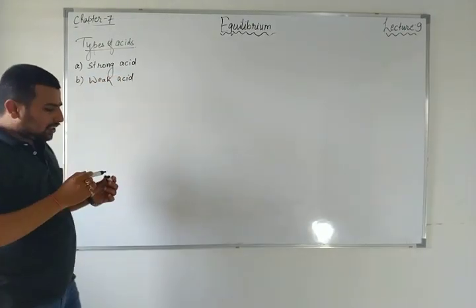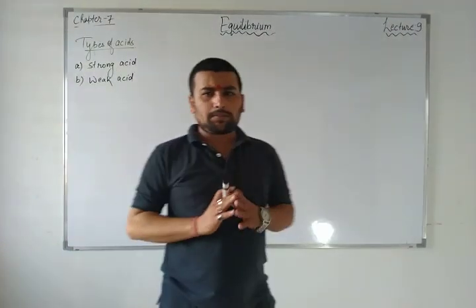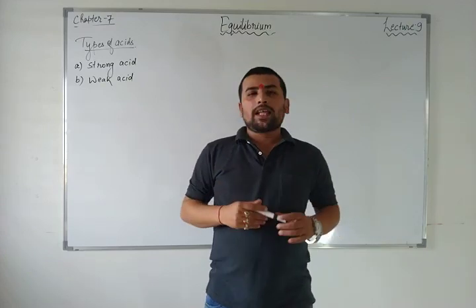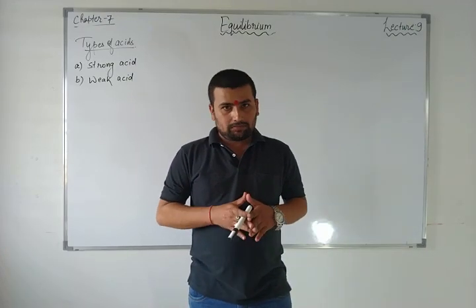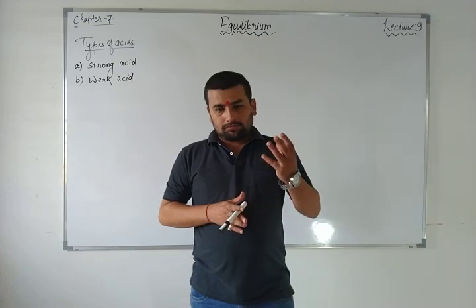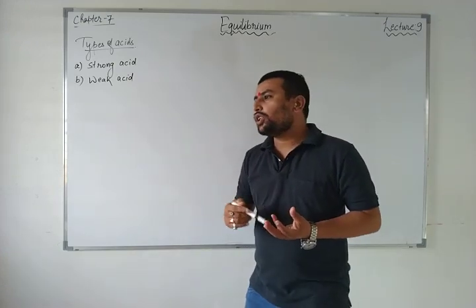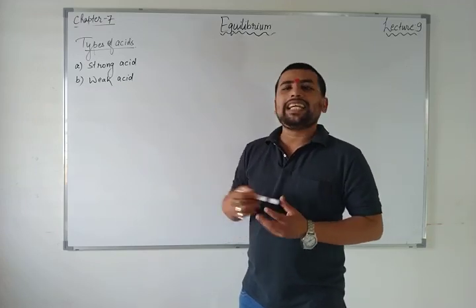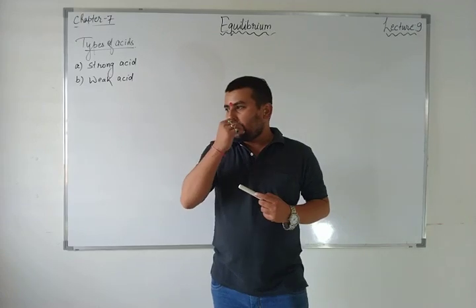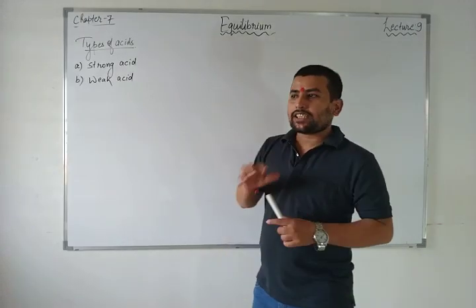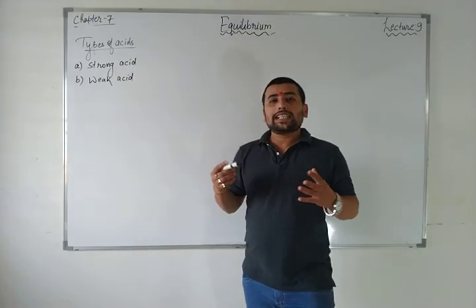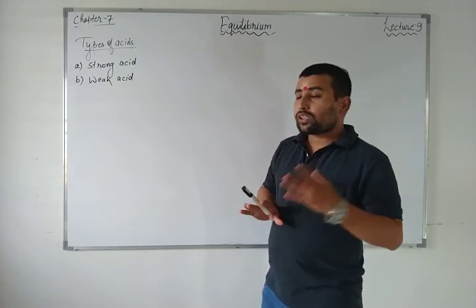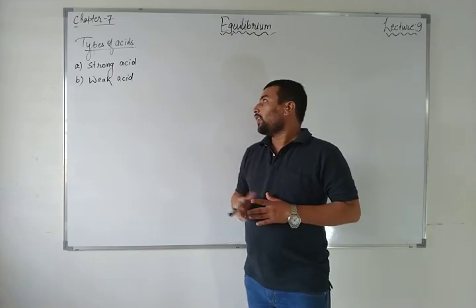Now you can ask me, sir, what is a strong acid? In a simple way, a strong acid is an acid which dissociates its hydrogen ion easily in aqueous solution. Means if you put a strong acid into an aqueous solution, it will not take much time to dissociate. It will dissociate rapidly.